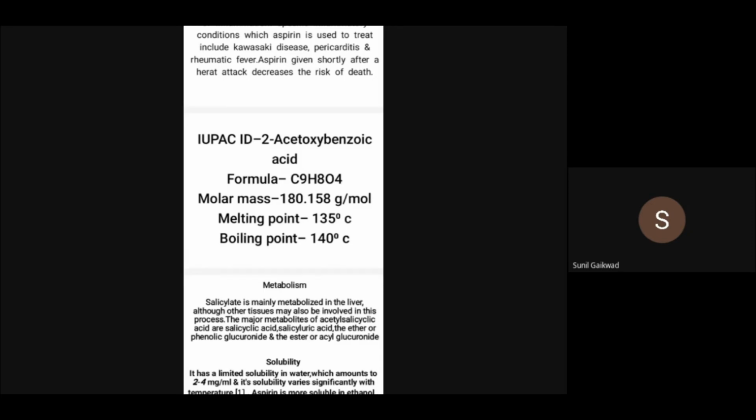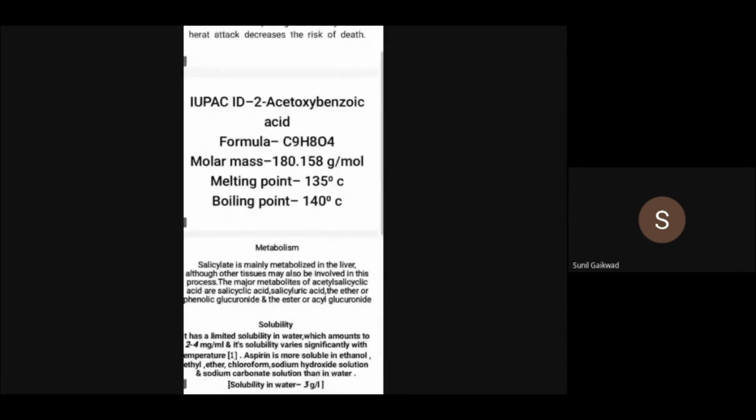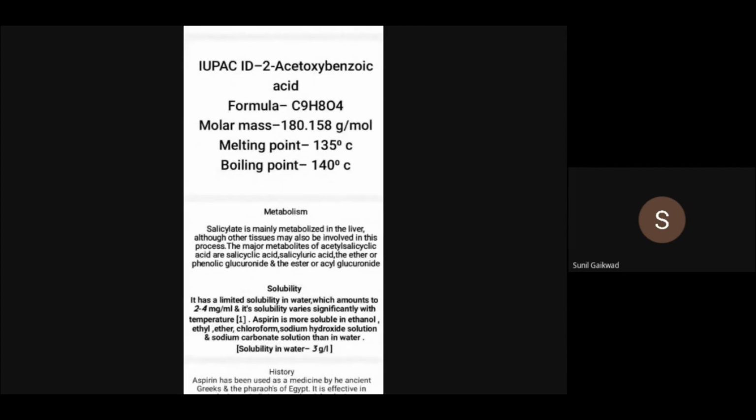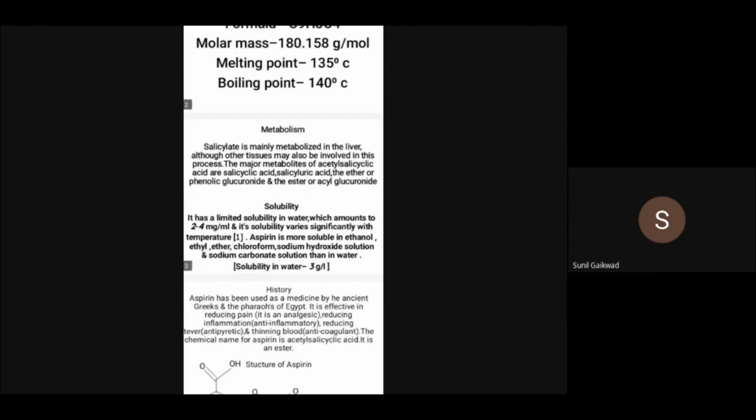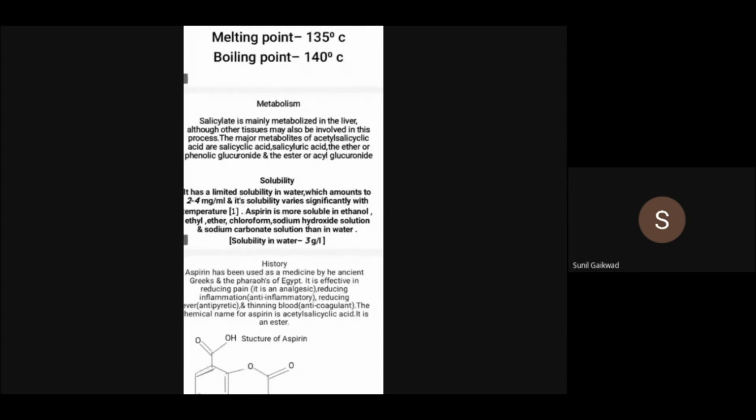Molar mass is 180.158 grams per mole. Melting point is 135 degrees Celsius. Boiling point is 140 degrees Celsius. The appearance of aspirin is white crystalline powder or tablets, odorless, colorless to white.